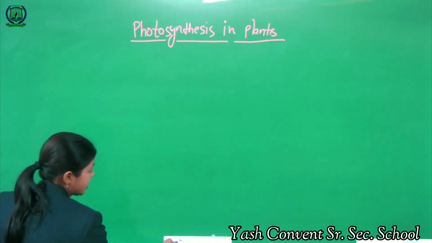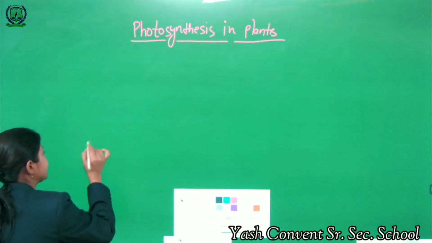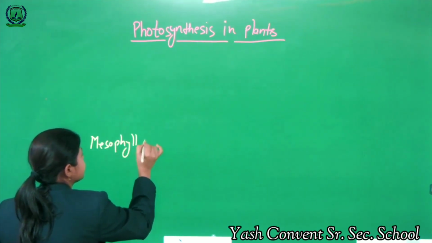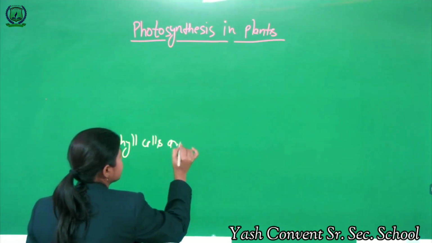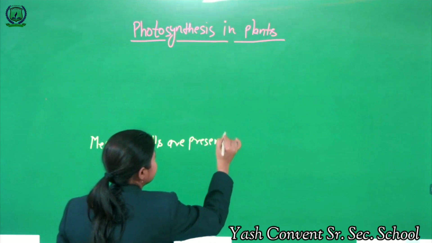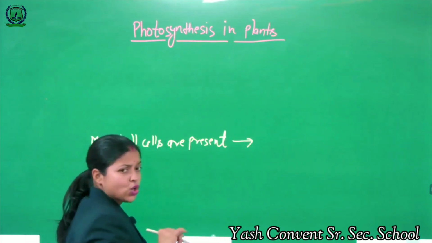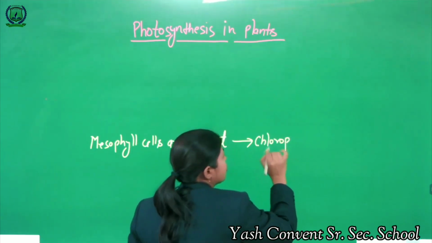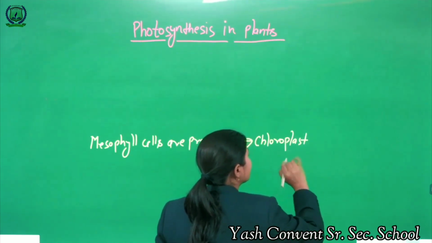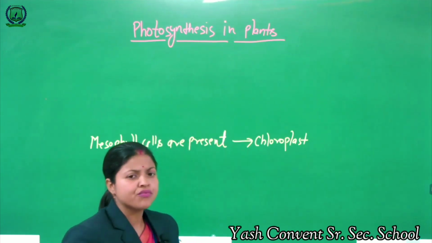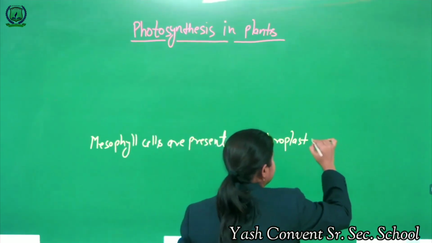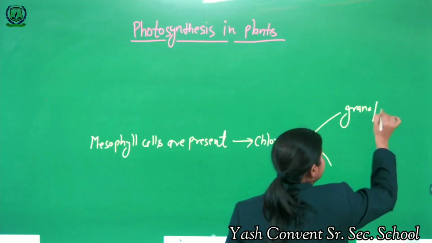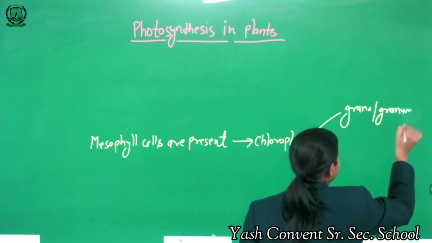In mesophyll cells, chloroplasts are present, and in chloroplast there are two sites for photosynthesis: first grana, or you can say granum, and second stroma.